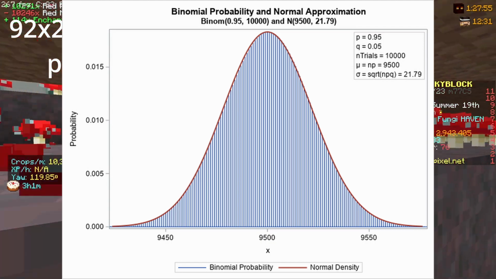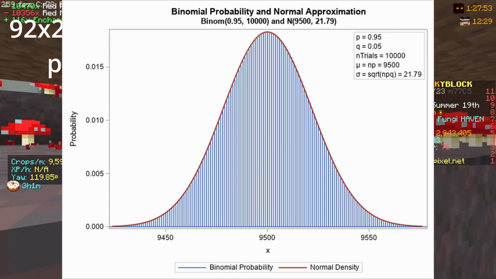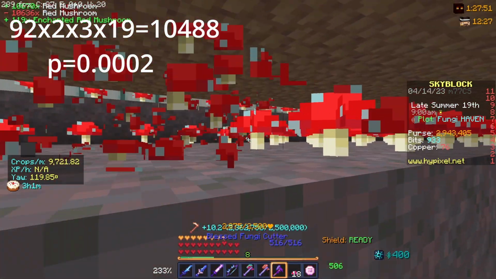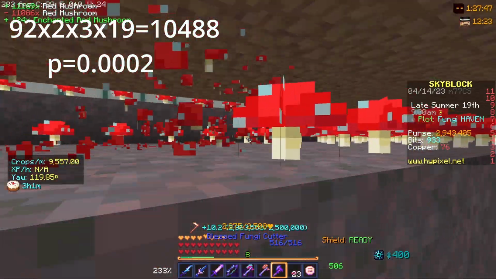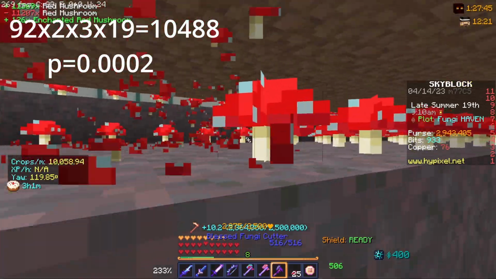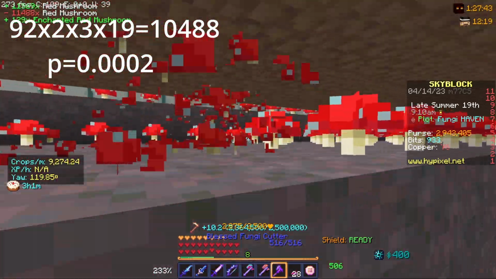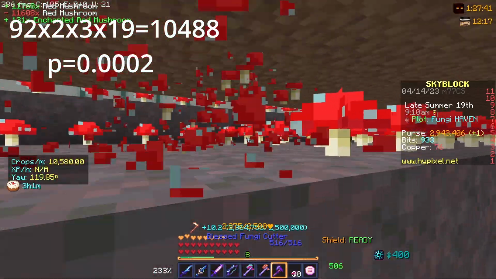Using 10,488 as the trial number, because that's the entirety of the farm, and using 0.02% as the success chance, I'll display the binomial distribution on your screen.